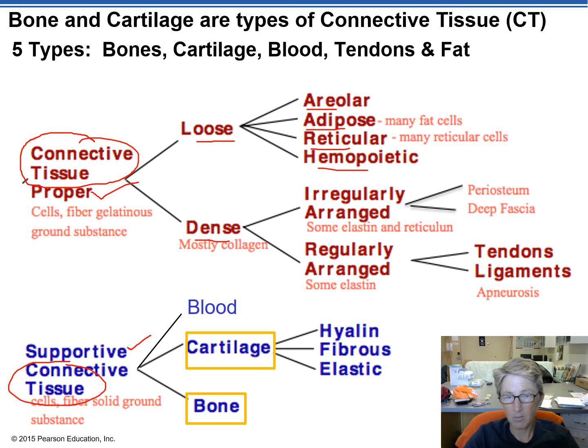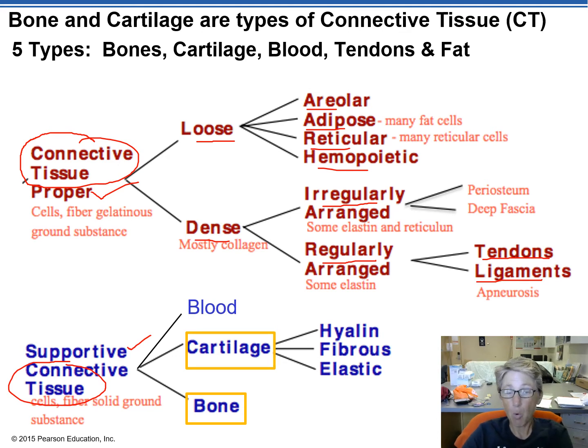hematopoietic connective tissue. Within the dense connective tissue proper, the dense connective tissue could either be irregularly arranged or it could be regularly arranged. If your dense connective tissue proper is regularly arranged, then you are a tendon, which connects muscle to bone, or a ligament, which connects bone to bone.